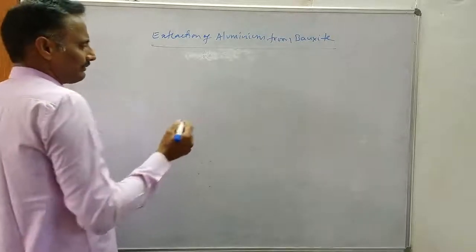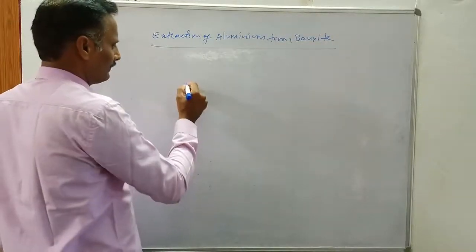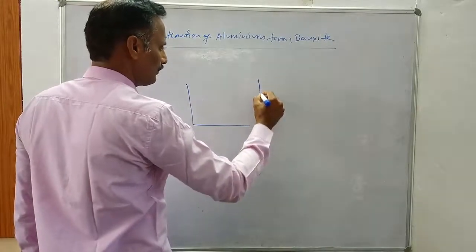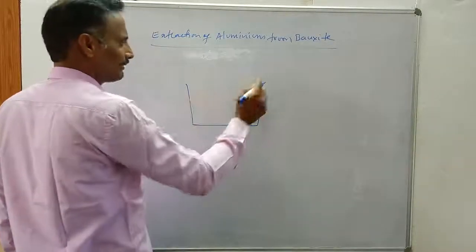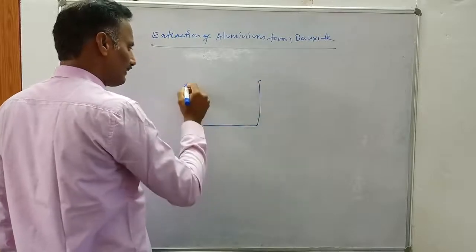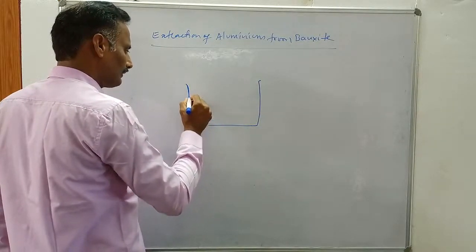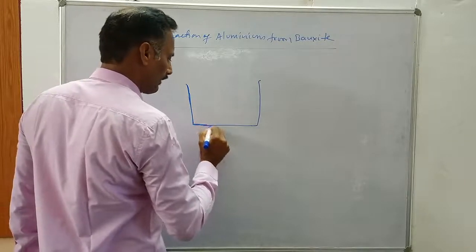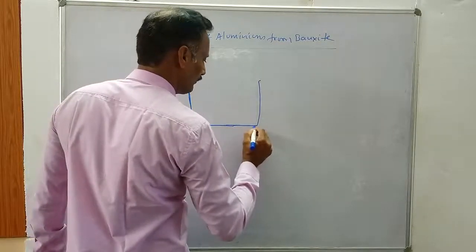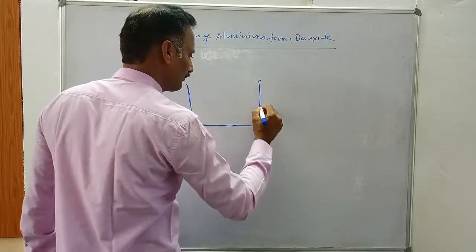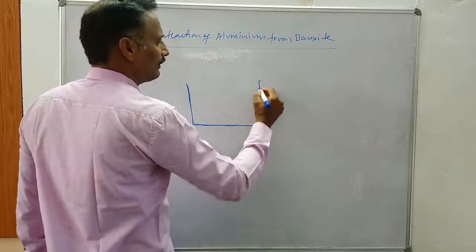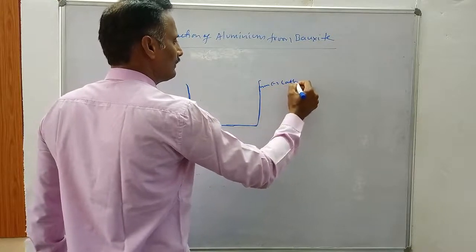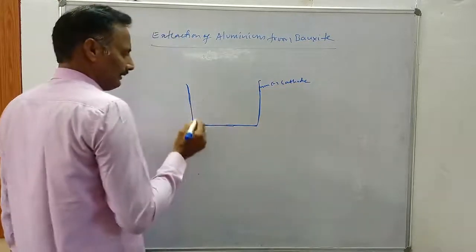It mainly consists of two electrodes. This is a steel vessel, and the steel vessel is lined with coke, carbon. This acts as the cathode.